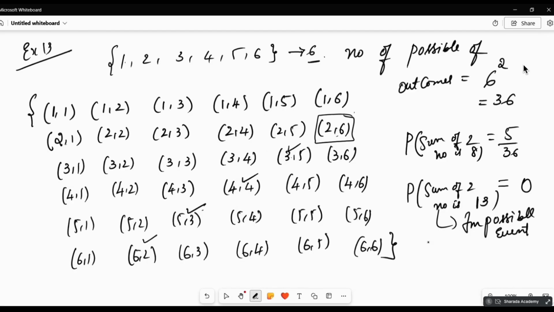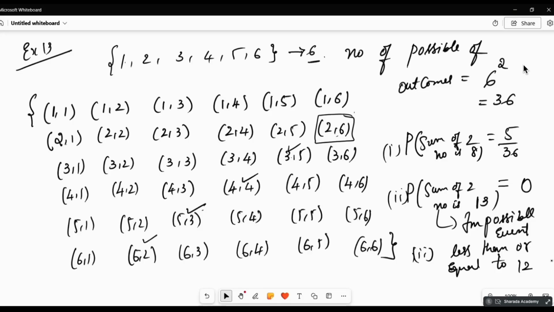And Rita, third one, you calculate and tell me. The sum should be less than or equal to 12.